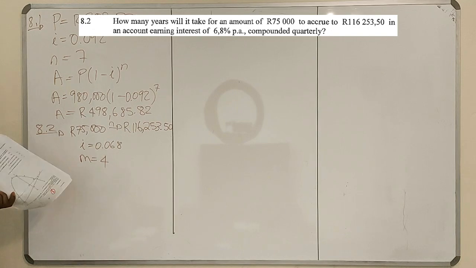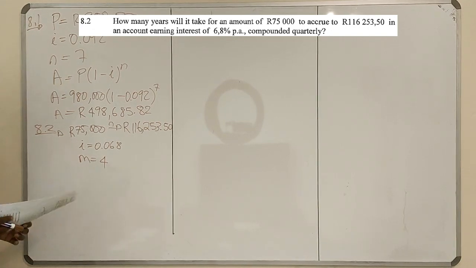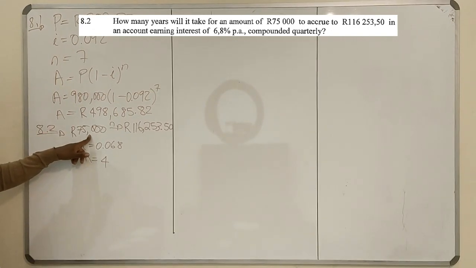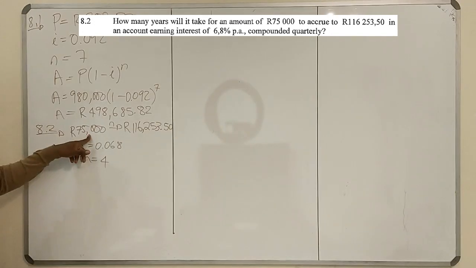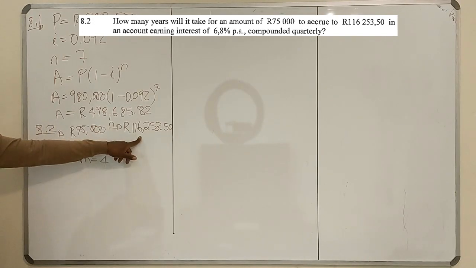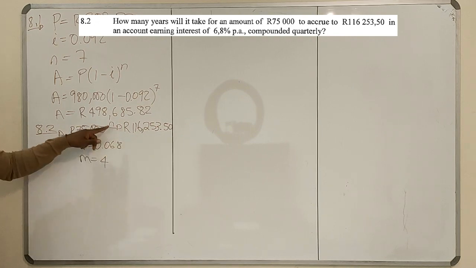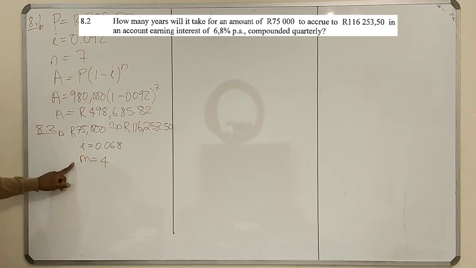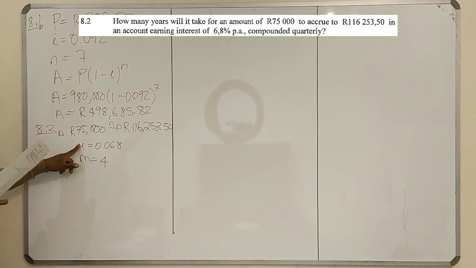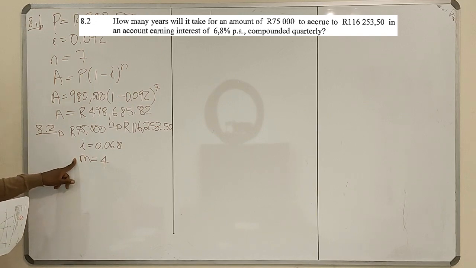So now, you are told that you have this initial amount and it accrues into this amount over a period, which is what you want to find. The interest rate was 0.068 and the compoundings were 4. It's easy.